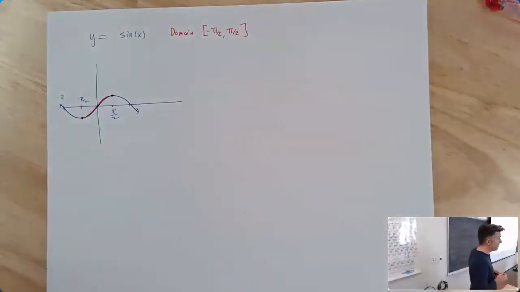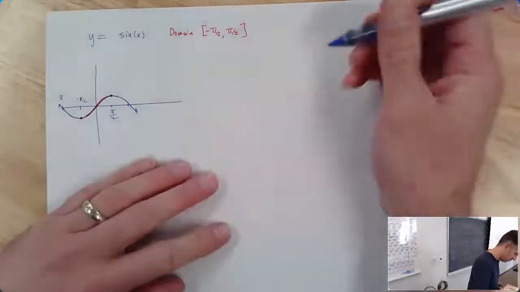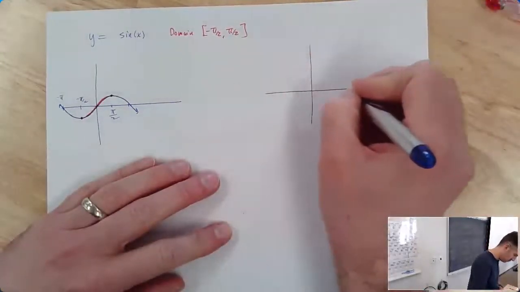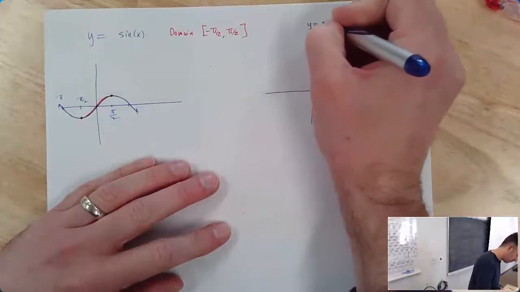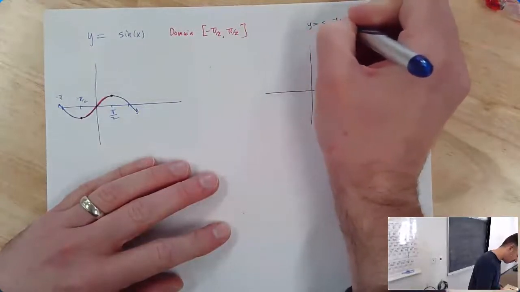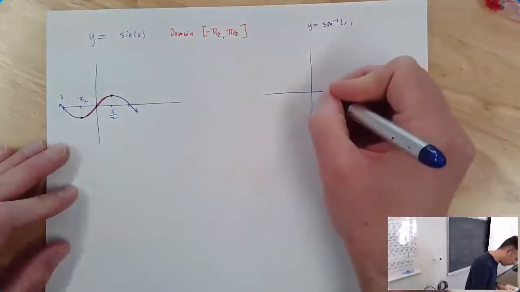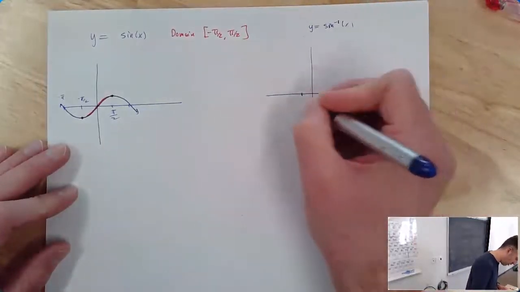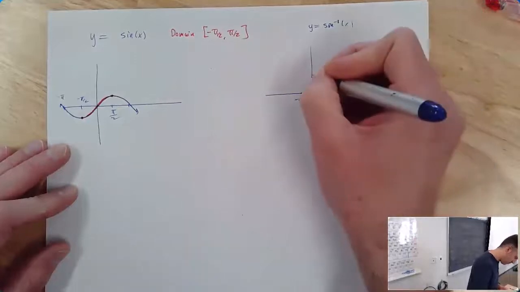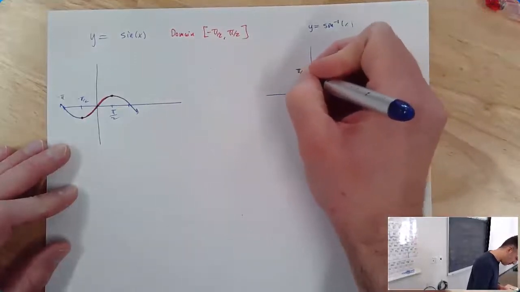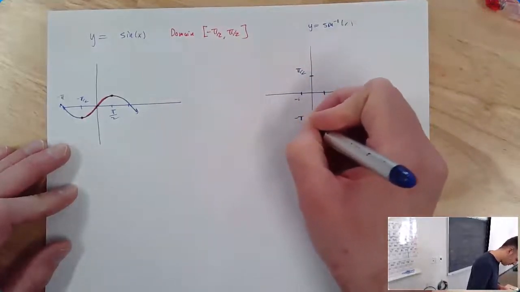So that when we draw the inverse function, sorry, I'm still trying to hold on to this blue pen here. Right, we interchange the domain and the range. So here's our inverse function.